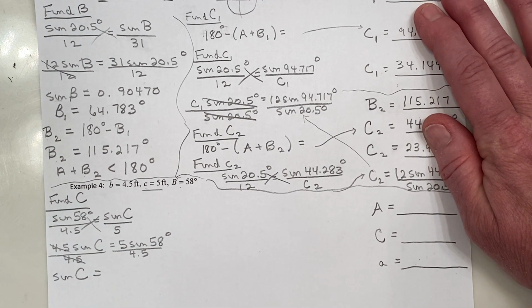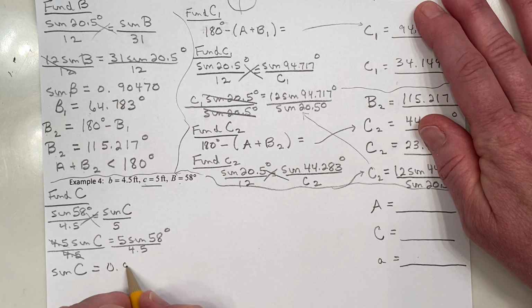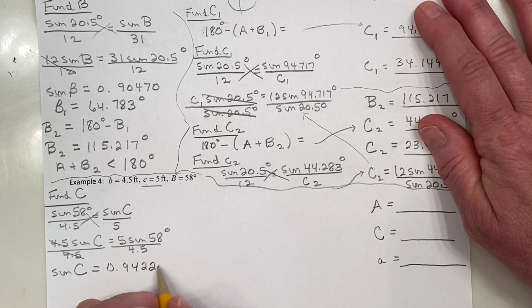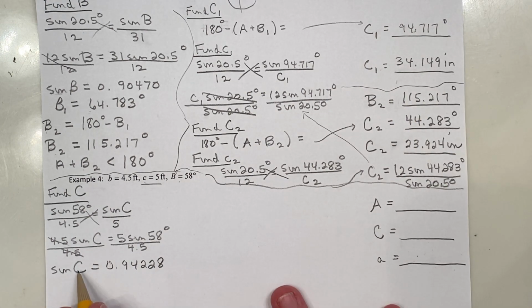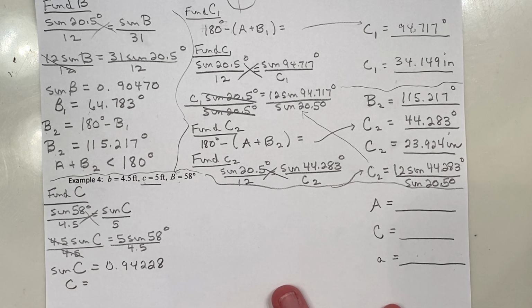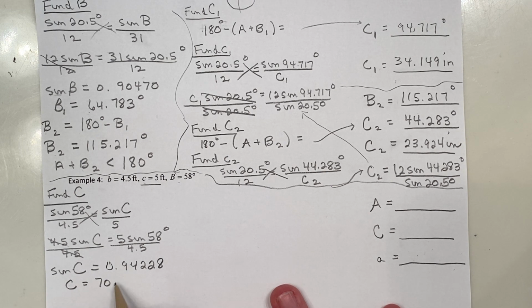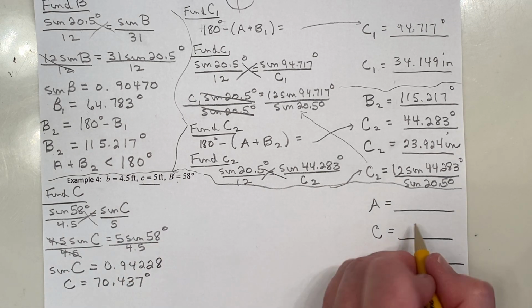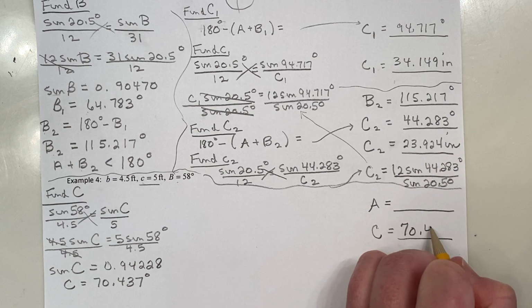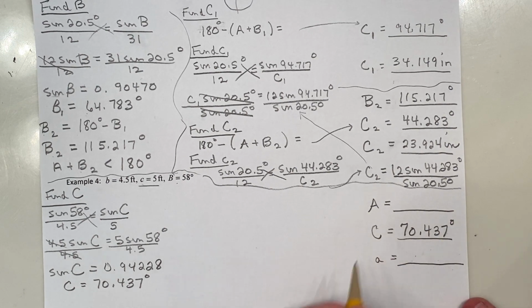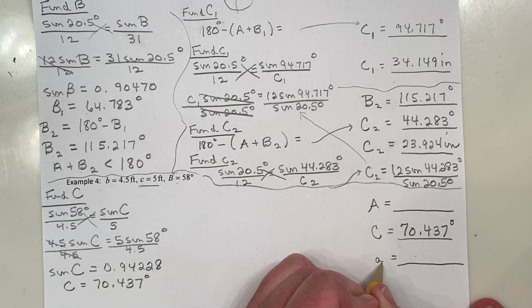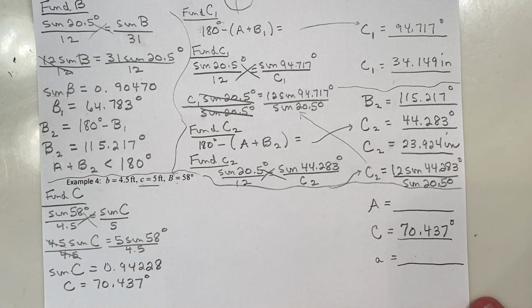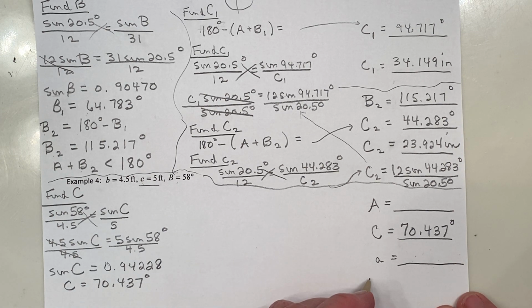All right, sine of angle C is equal to 0.94228. Do an arc sine, second sine on your calculator, and I got 70.437 degrees. So for sure, I know I've got 70.437 degrees. I just don't know if I should put subscripts of 1 and then create additional spaces with subscripts of 2.